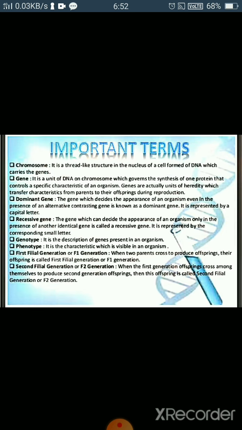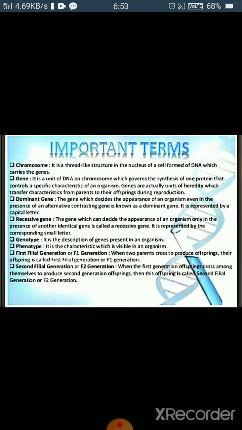So genes are the unit of heredity which transfer characteristics from parents to the offspring during reproduction. And genetics is a branch of biology in which we study the genes, heredity and variation.